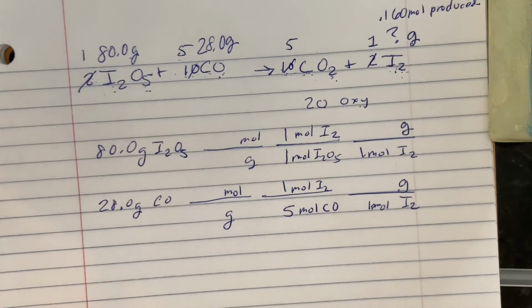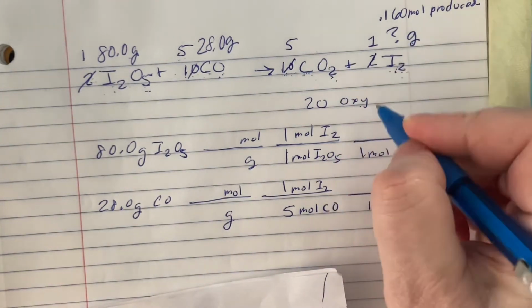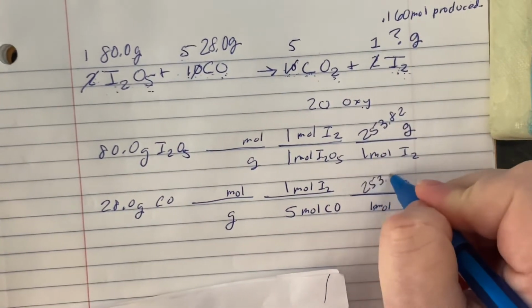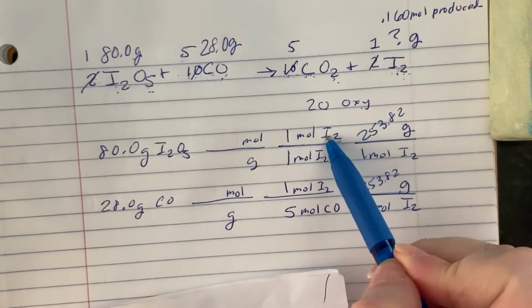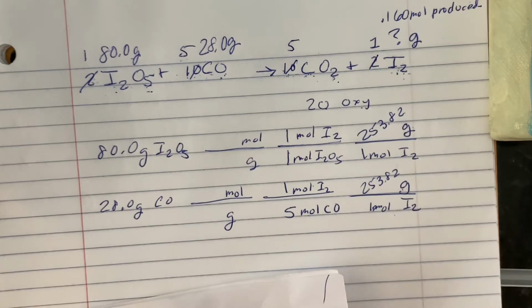I lost my periodic table. All right. Iodine is 126.91. So 2 of them gives me 253.82. Remember, 2 decimal places. And that's the same on both sides. We're both trying to find the moles to the grams, the moles to the grams. So that last step is the same.